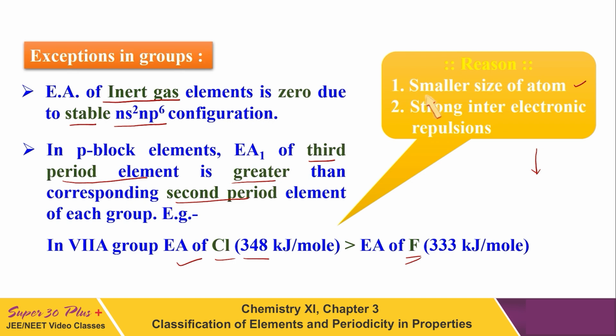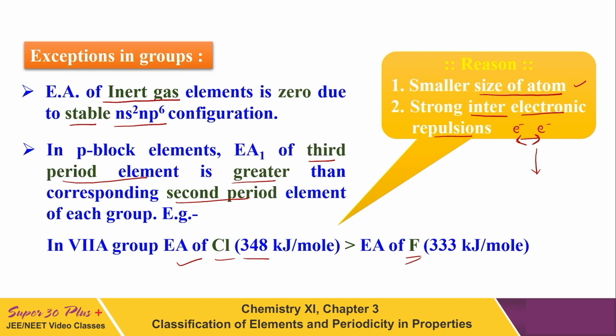The reason is the very small size of atoms of the second period. In the second period, the d subshell is absent, the size is very small, and that is the reason why their electron gain enthalpy is less. Because of this small size, electron density is high, and when density is high, the inter-electronic repulsion between electron and electron becomes more.